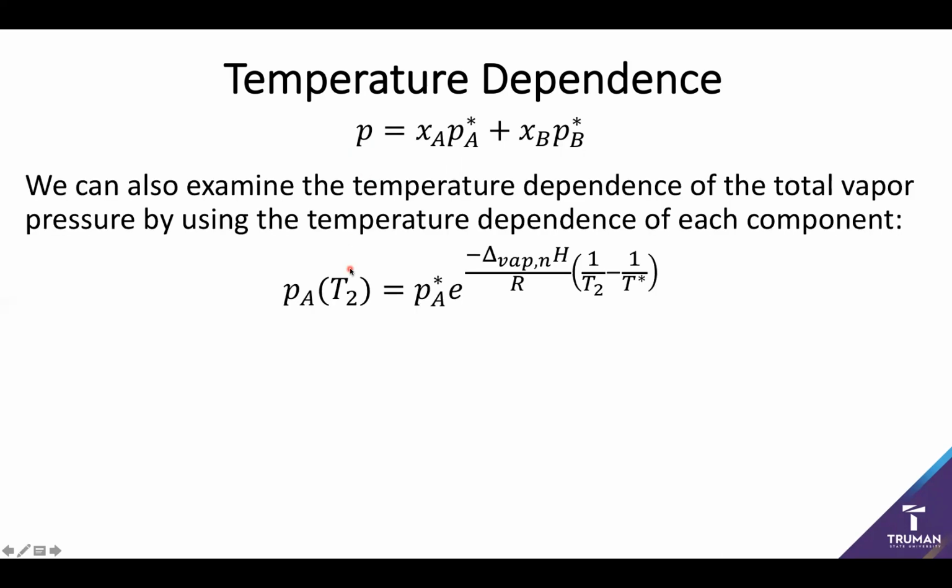And what we'll find is that we can use our expressions of the temperature dependence of a pure component, which we illustrated in the last chapter, where the vapor pressure at a temperature 2 can be related to the vapor pressure at our reference condition, often 298 Kelvin, and using the enthalpy of vaporization and the differences in temperature, what we are going to generally find is as the temperature goes up, so will the vapor pressure.